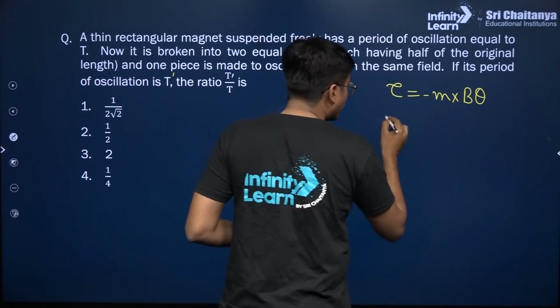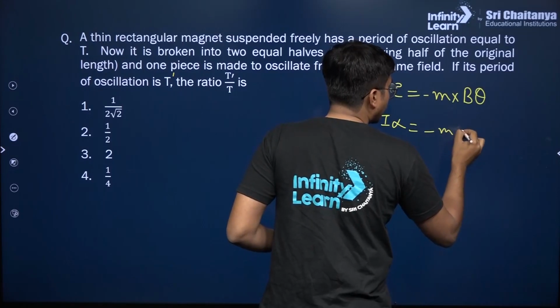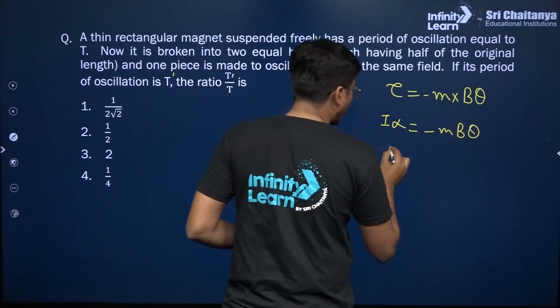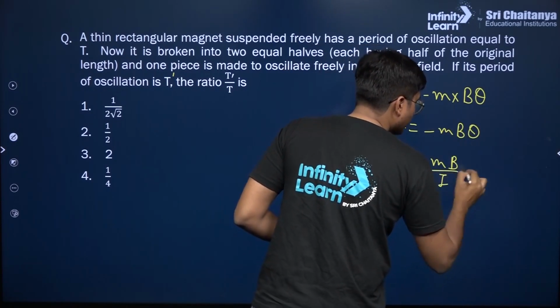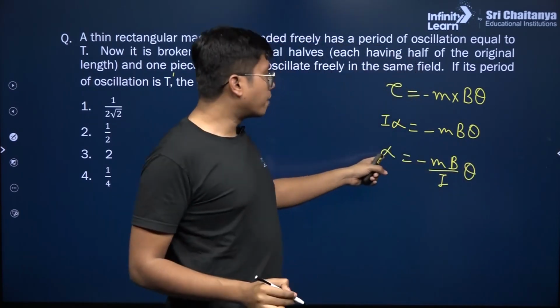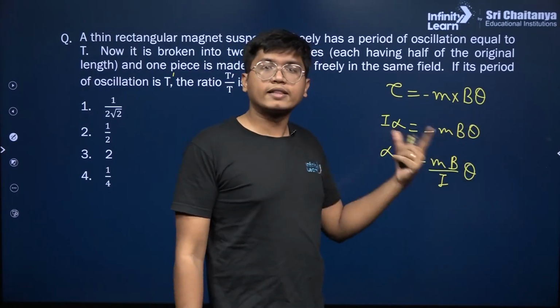And here you put it as I alpha is equal to minus mB theta, or alpha is equal to minus mB by I theta. This is what you compared to alpha is equal to minus omega square theta. You got omega out and then the time period.